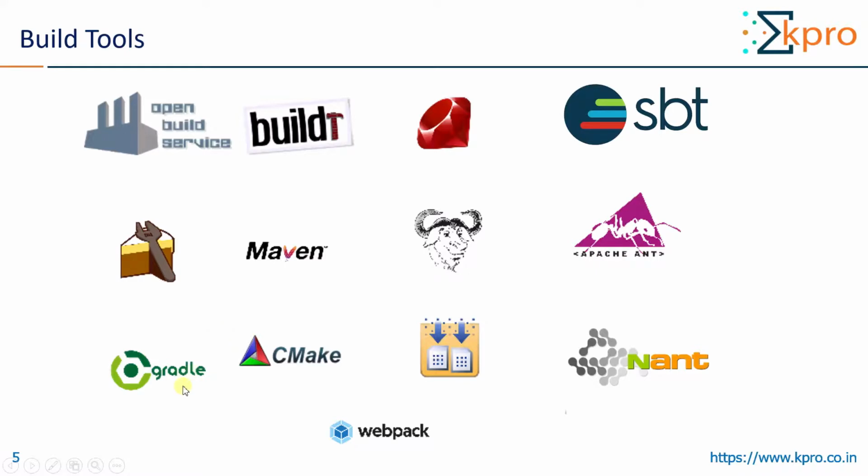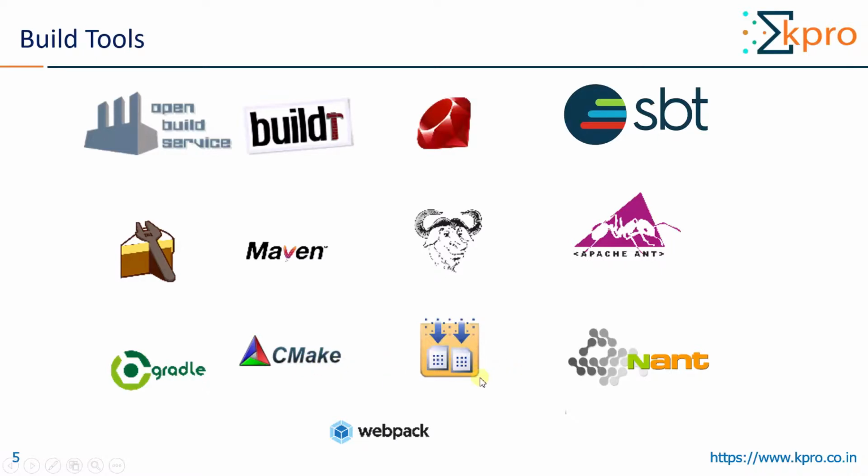Gradle is a build tool which is based on Ant and Maven. Instead of XML file, it uses Groovy scripting language. CMake is a cross-platform open source tool for managing build using compiler independent method.